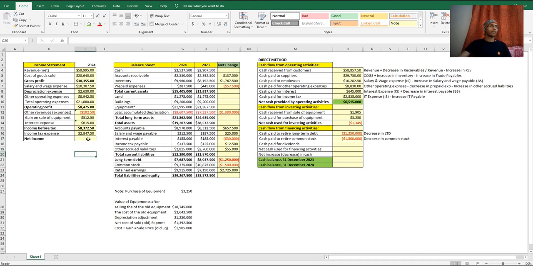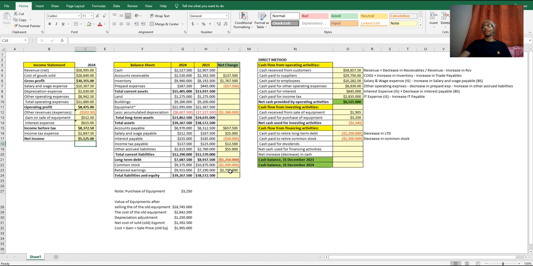So friends, we had made a mistake in the calculation of net income. This is basically income before tax minus tax expense, right? This is equal to 5525. So net income was 5525 and the increase in retained earnings was 2725.